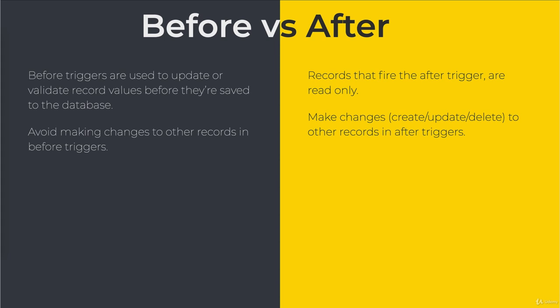So if you are making some changes to lead fields and these field values are being used inside your task as well, then in the after trigger you will get the updated values which you will not get inside the before trigger.